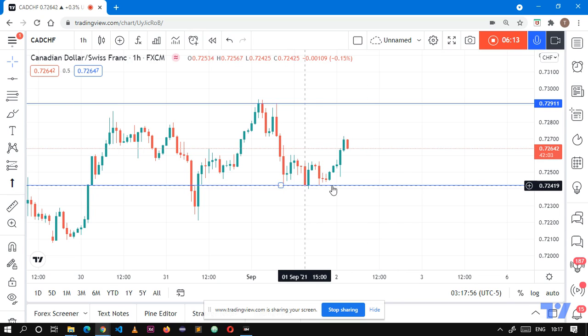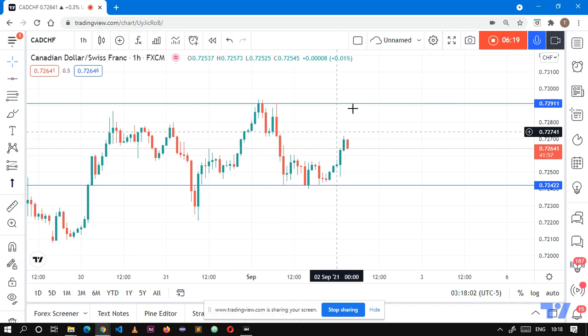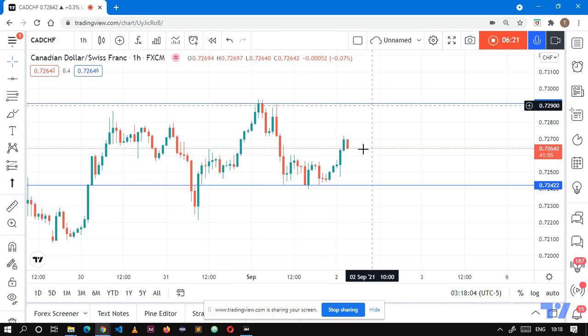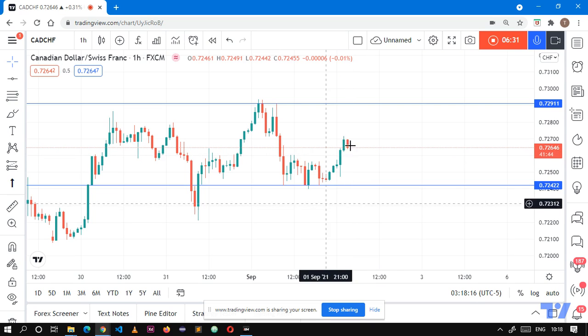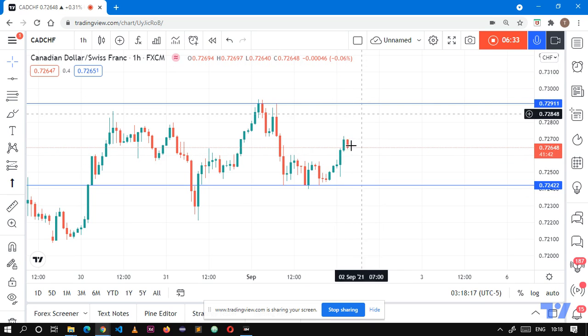Why? Due to support. It's supported here 3 times, one, two, three, and it rejected here 2 times, one, two. So price could continue to this level, which would be very premature for a trader to take the trade on this area. So potential swing long and potential scalp long.